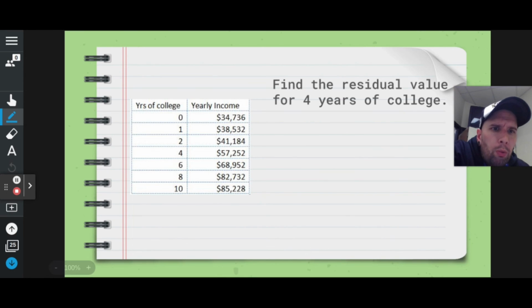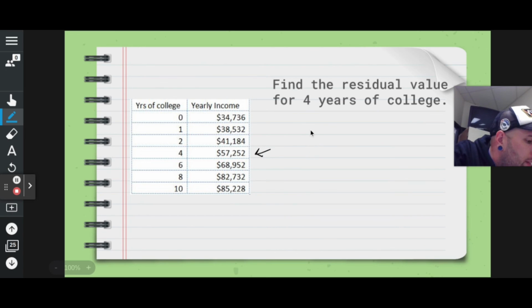Find the residual value for 4 years of college. What the residual value is: you take the actual value and use the equation that you got.